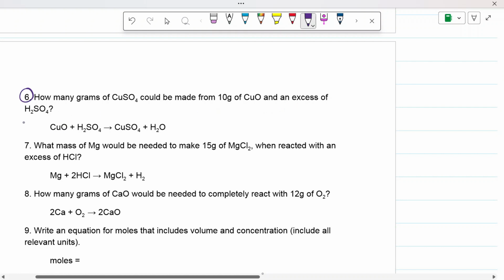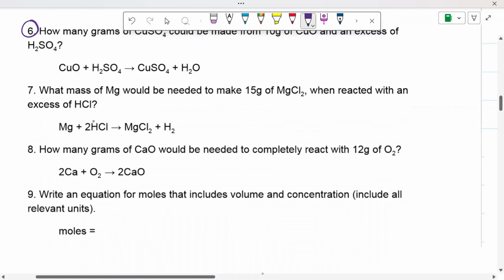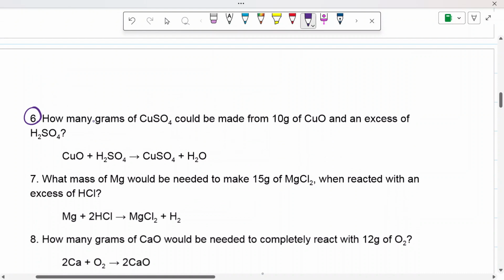So we need to find the mass of copper sulfate being produced. They are basically asking that if you're given 10 grams of this, then what mass of copper sulfate will be produced?